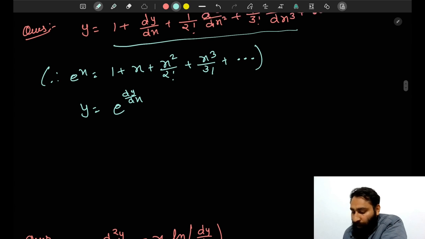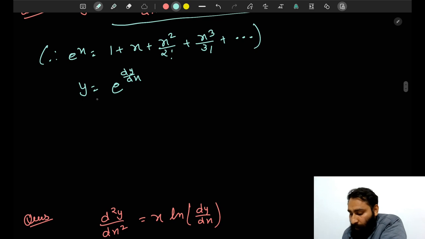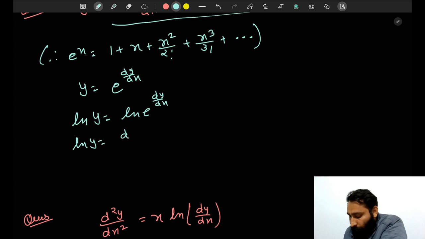But now the dy/dx is present in an exponential function, so we have to remove this function. So take log on both sides: ln y = ln e^(dy/dx). The power comes forward: (dy/dx) ln e.